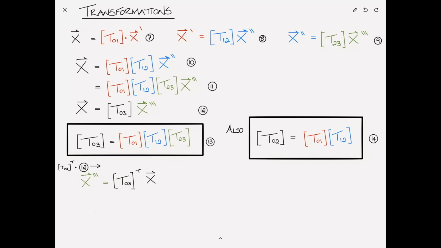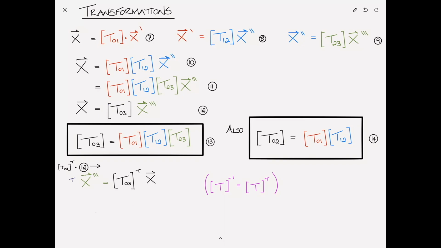Now what happens here, when I pre-multiply this by T03 transpose, I get the identity matrix. Why? Because an important property of an orthogonal transformation is that its inverse is equal to its transpose. So by multiplying here by the transpose, I'm actually multiplying by the inverse, and that gives me the identity matrix.